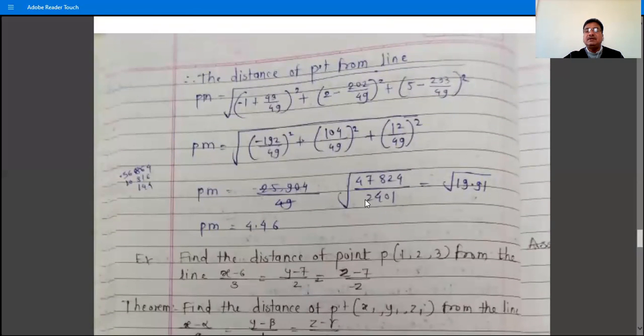After calculation the answer is root 19.91, that is 4.46.